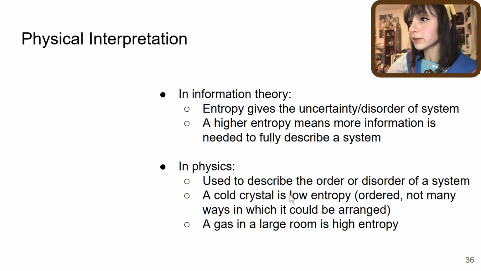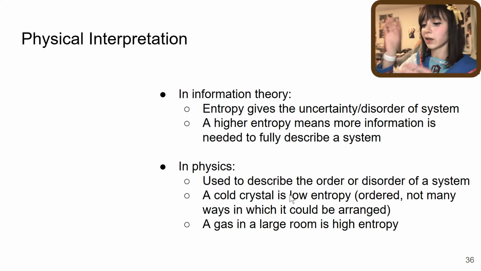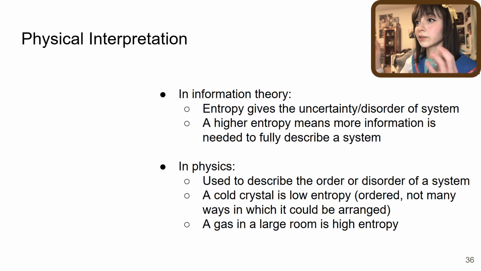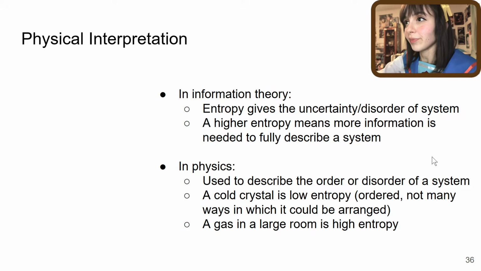Whereas a gas in a really large room is very high entropy because it can organize itself in so many possibilities, and they'll each have a low chance of occurring. So again, just a lot of disorder, kind of chaos, I guess, in a way you could say.